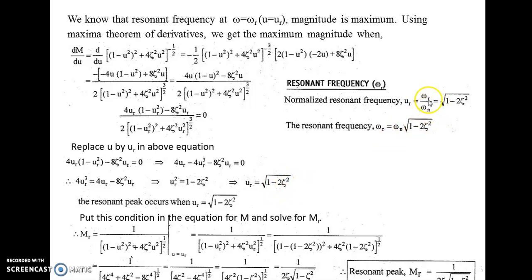Simply cross multiply and you will get omega r is equal to omega n into square root of 1 minus 2 zeta square. That is nothing but the resonant frequency. This is another simple derivation for the resonant frequency.